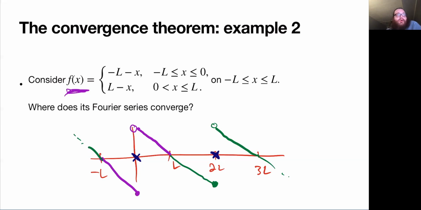And so what's interesting to note is if we change this definition so that instead of the function being equal to minus L minus x at x equals 0, we change it so that the function is equal to L minus x at x equals 0. Well, changing the value of the function at the single point 0, so that this was filled in and this was an open circle, is not changing the left and right limits.